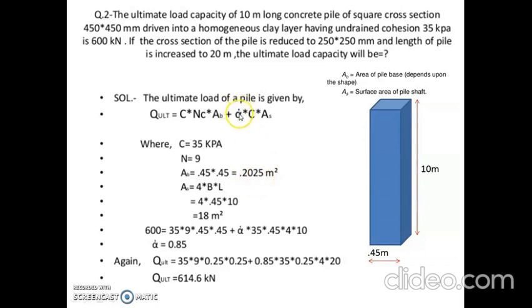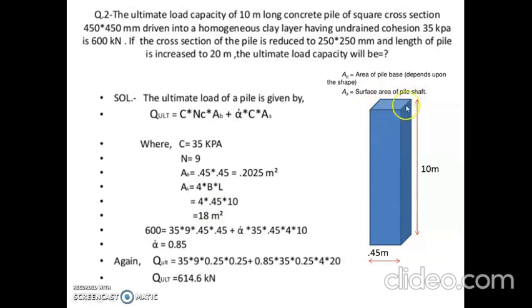We need to find the value of alpha, which is not given in the problem, and C is already given, and A_S will be the area of the shaft, that is surface area of the pile shaft. Surface area of the pile shaft will be 4 times the dimension along one direction, so that is 4 into 0.45, 4 because first side, second side, third side and the fourth side.